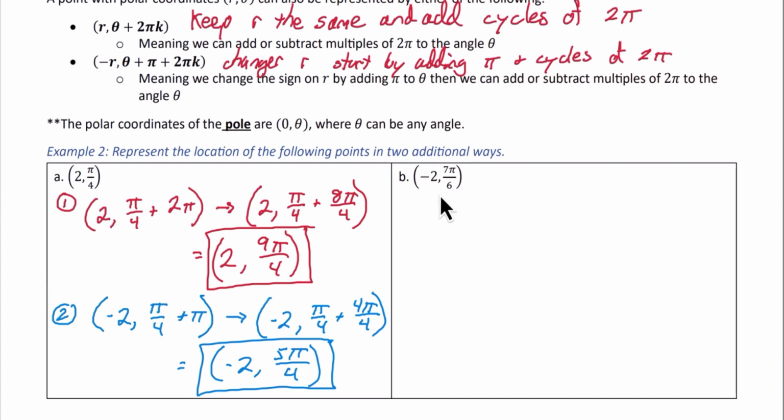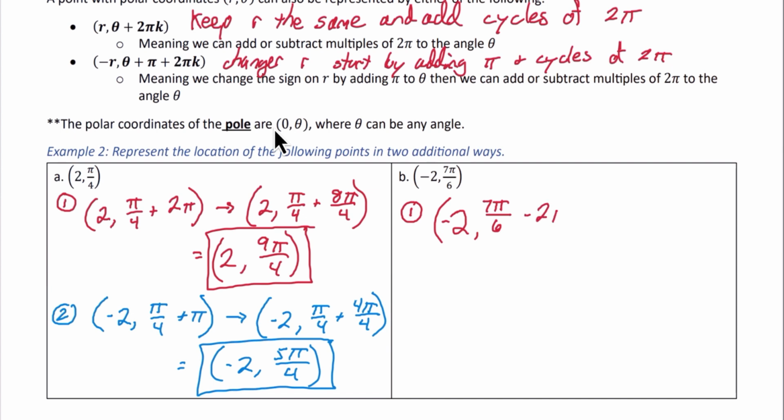In our next example, (-2, 7π/6), we want to write it an alternate way. Again, let's use method 1. Let's keep r the same, keep r as negative 2. If we do that, we need to change the angle. We can add multiples of 2π, like we did here, or we could subtract 2π if we wanted.